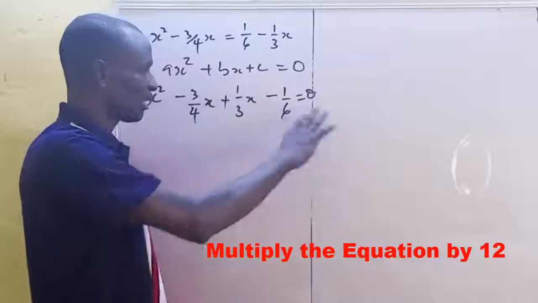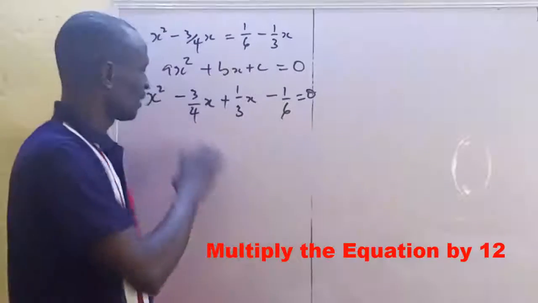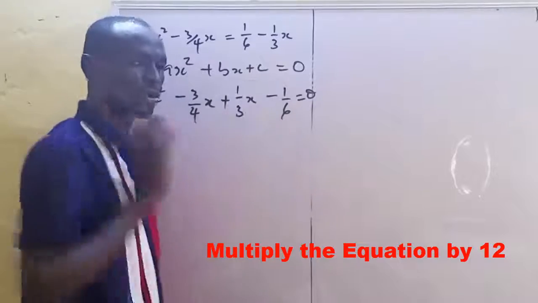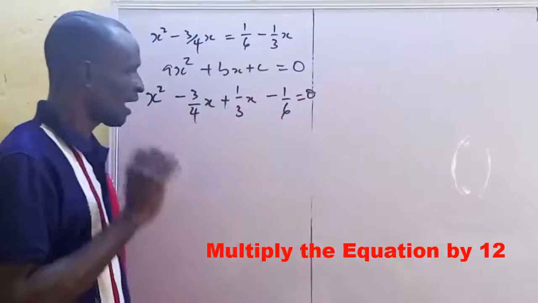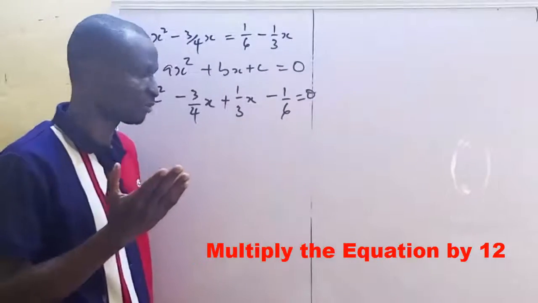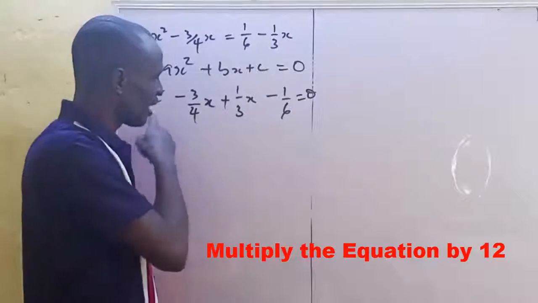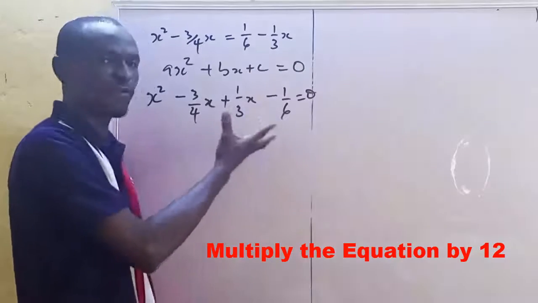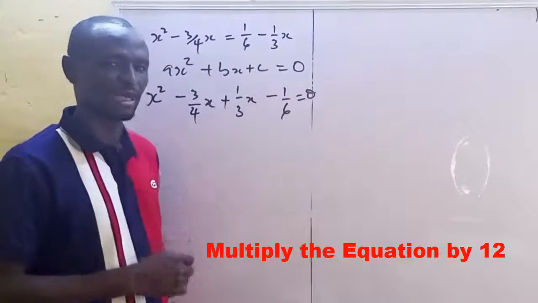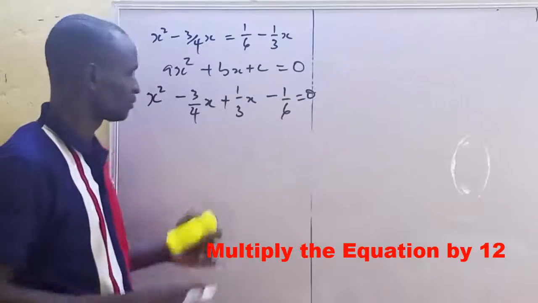If I multiply through by 12, I will remove all the denominators, then I will have all whole numbers. I can also take an LCM, which is still going to be the same 12, and use it to solve the fractions. But rather than waste that time, let's multiply through by 12. That seems to be the easiest way out.